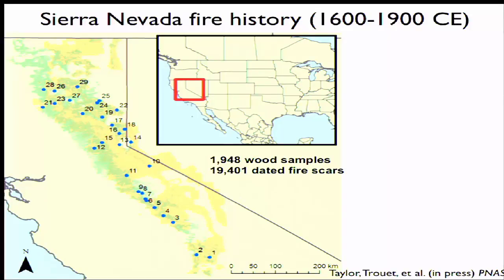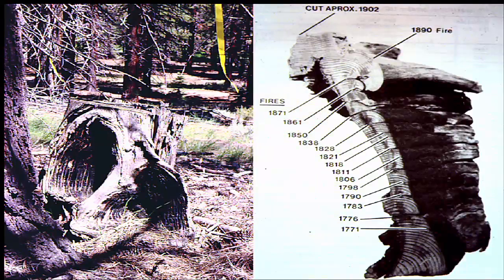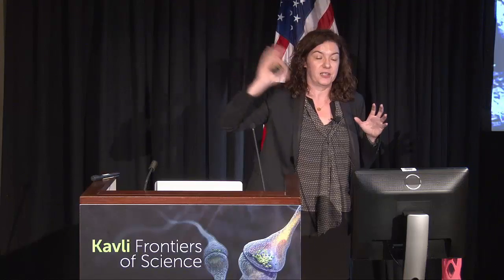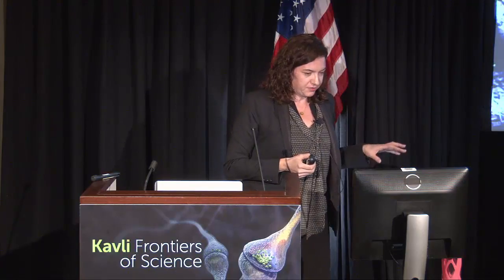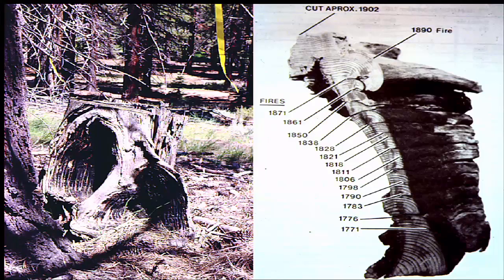So a quick introduction of how we can use tree rings to also reconstruct past fire history is that when a fire hits a forest, and I'm talking about low intensity fires here, boing, that was not so low intensity, fires that are not crown fires, so not the kind of wildfires that we see nowadays, but low intensity fires, when they hit a forest, they wound a tree without killing it.